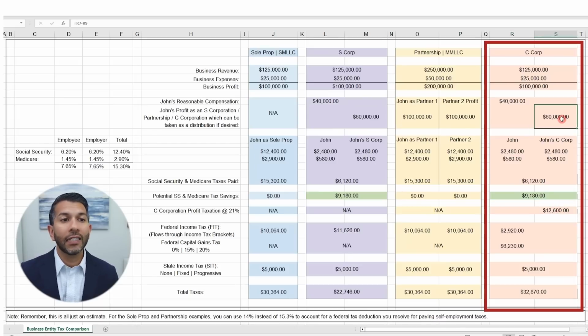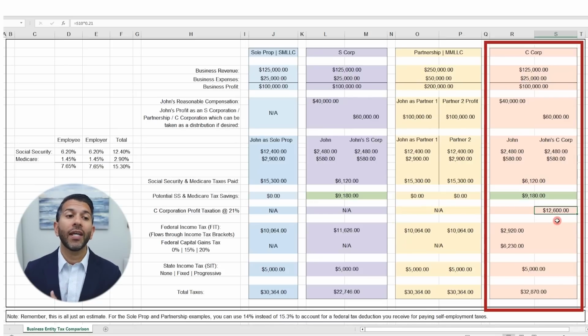So $60,000 of profit is how much the C corporation had remaining, because of the $100,000, it paid $40,000 out in the form of a salary. So it had $60,000 in profit left. And as of 2023, the tax rate for C corporations is a flat 21%. So $60,000 times 21% is $12,600, okay? Again, the C corporation has to pay that.